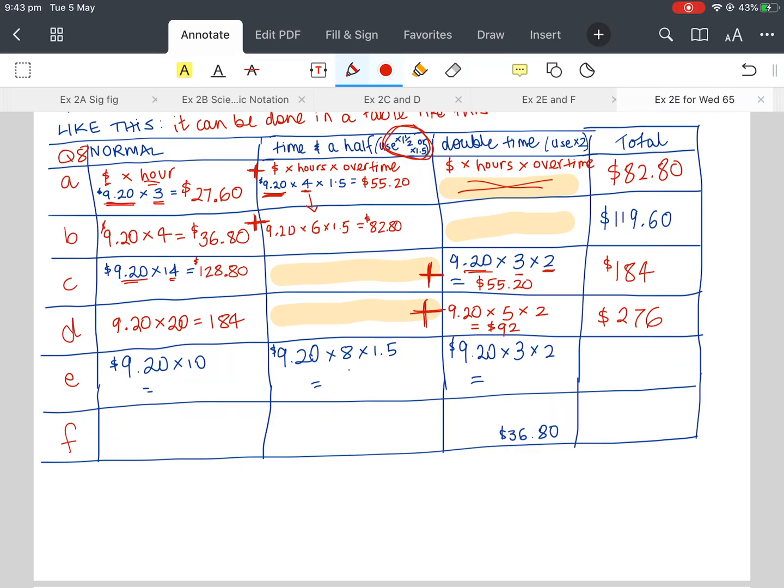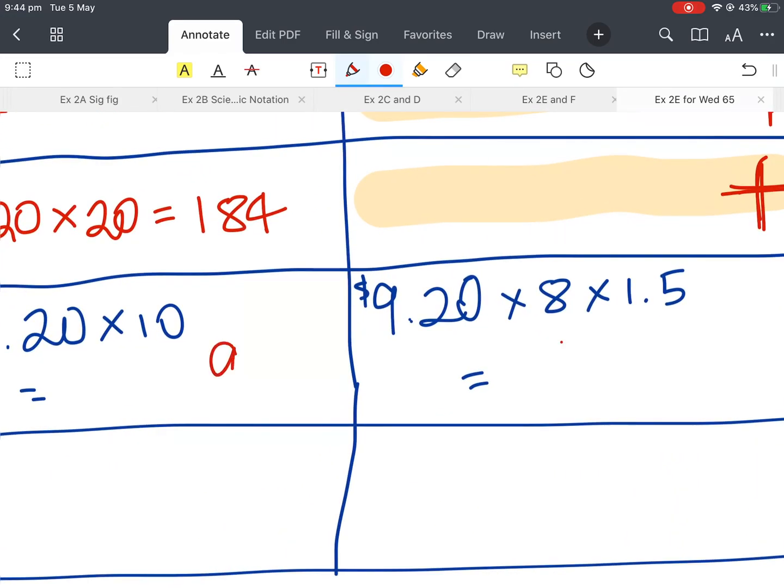On my calculator, can you please press on yours? 9.20 times 10. Hopefully you got, like me, $92. Right, I'm going to put a big plus here now because I know to add that on. Can you now on your calculator do $9.20 times 8 times 1.5?